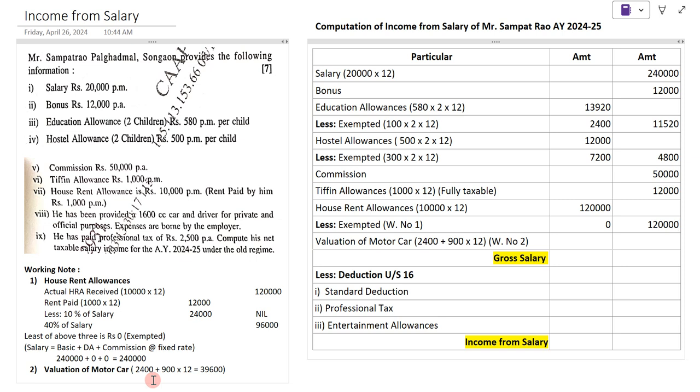So therefore for the car, as per Income Tax Act 1961, 2,400 is given per month, plus a driver is also provided, and the driver's salary is 900 rupees per month. Okay, so 2,400 multiplied by 12 plus 900 multiplied by 12, we get 39,600 as the motor car valuation.